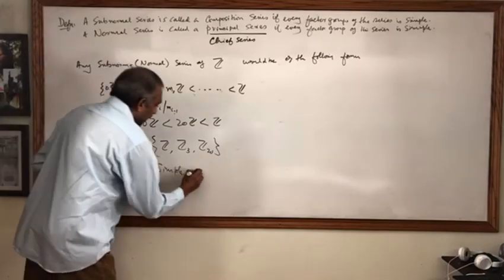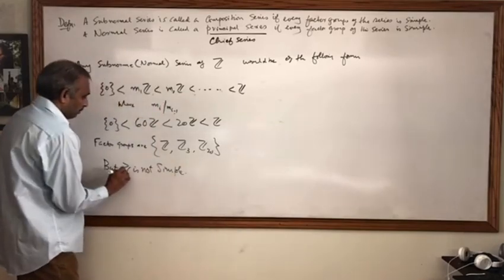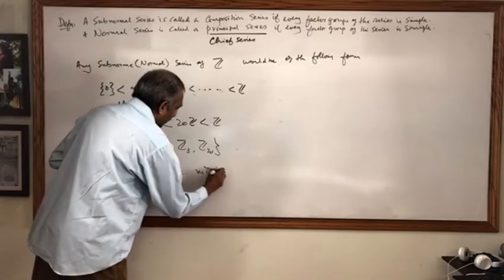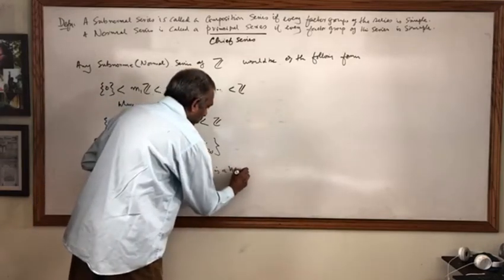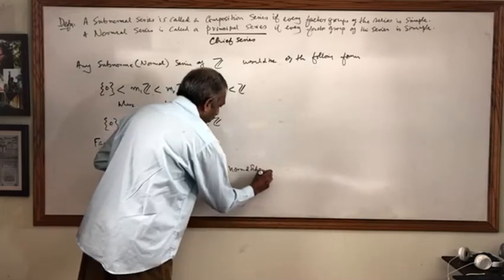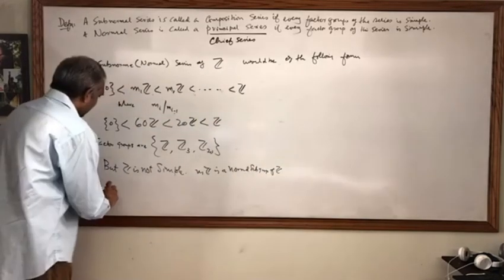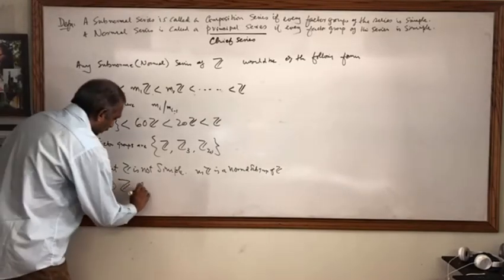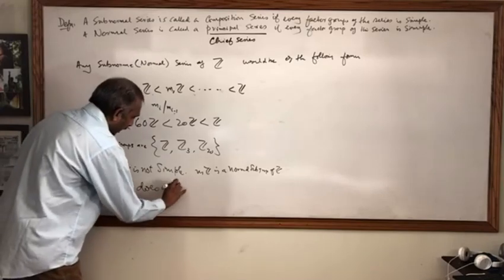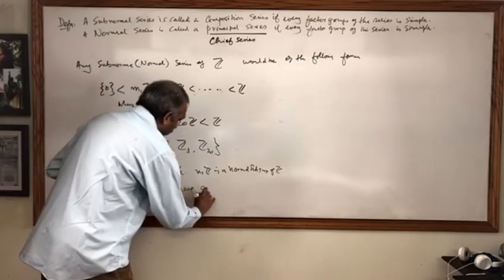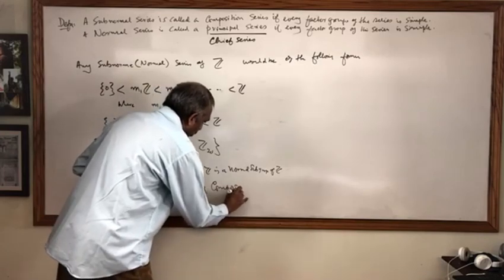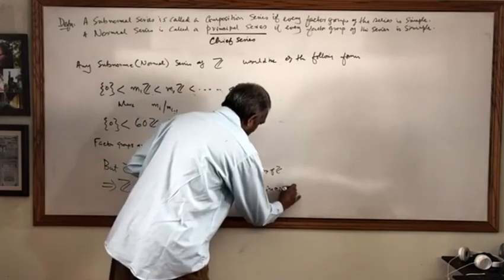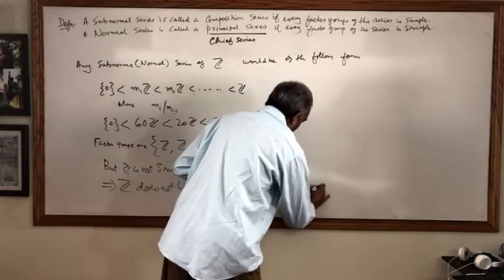Any subgroup of the form MZ is a normal subgroup of Z. And that implies Z cannot have a composition or principal series.